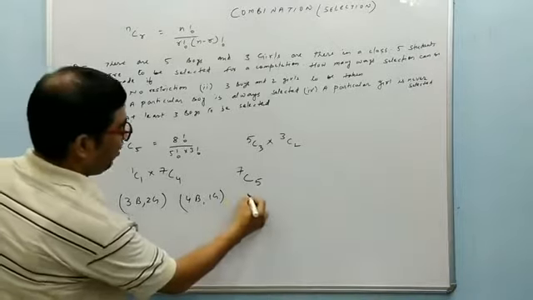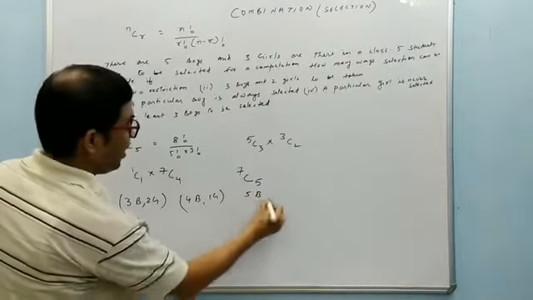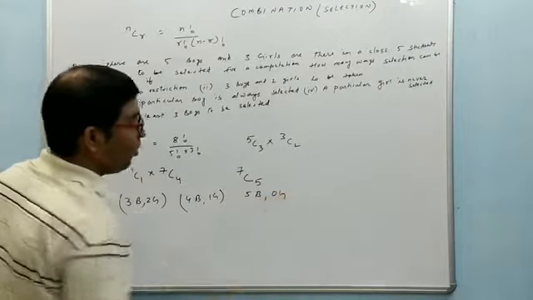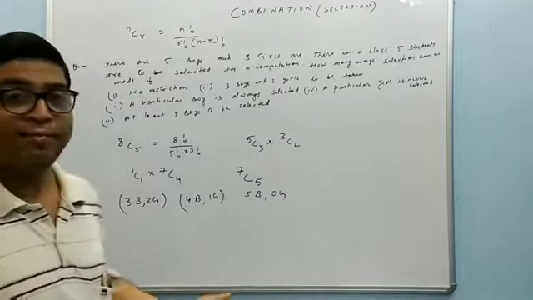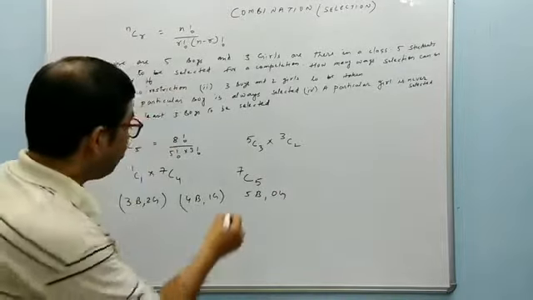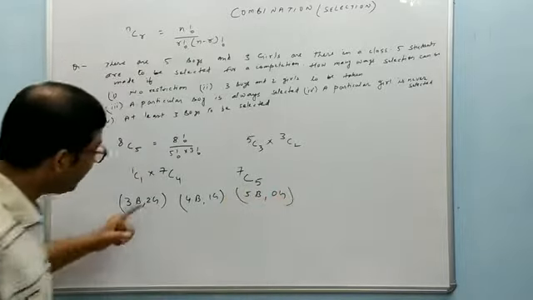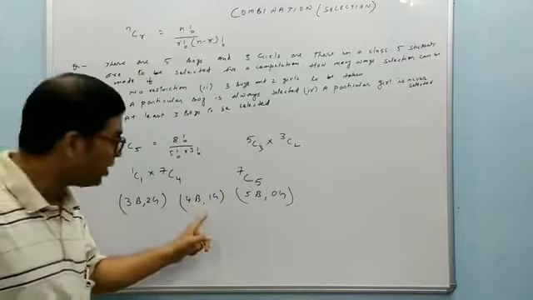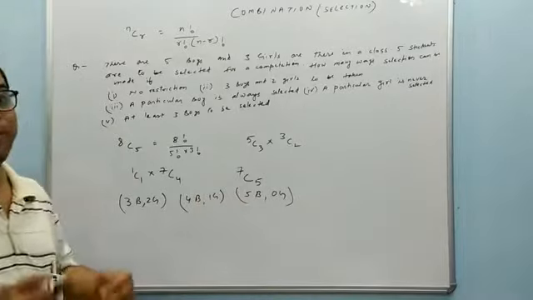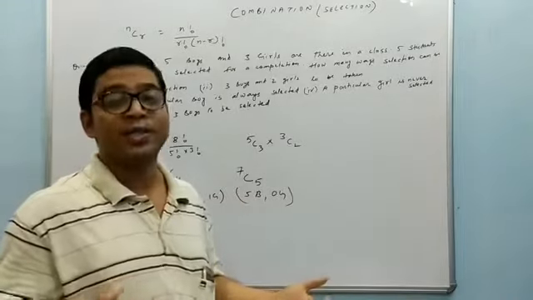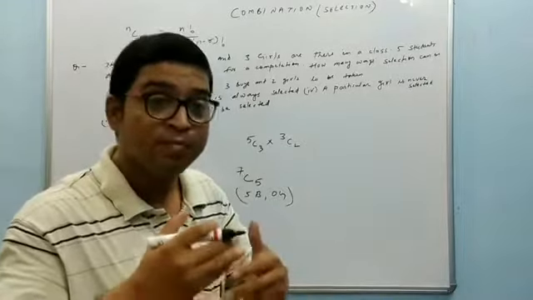It can be 5 boys and 0 girls. Why? Because in total we have to select 5 students. Now we can select either this way or this way or this way. Wherever either-or is coming out, we just write plus, plus, plus.